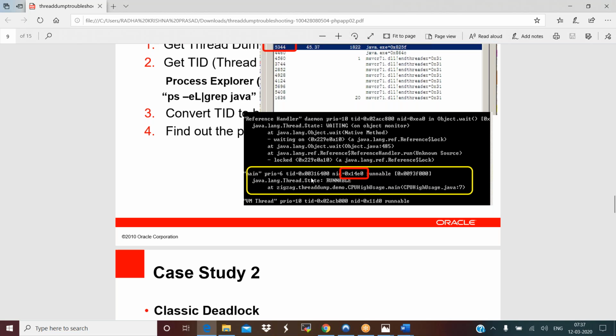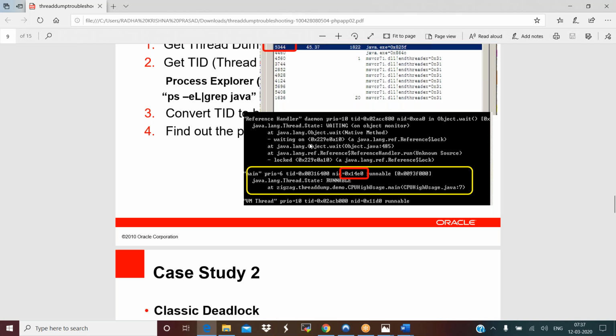If you remember, yesterday we spoke about native thread. Can anyone of you tell me what is native thread? Any thread which is mapped to an operating system thread is called a native thread, right?